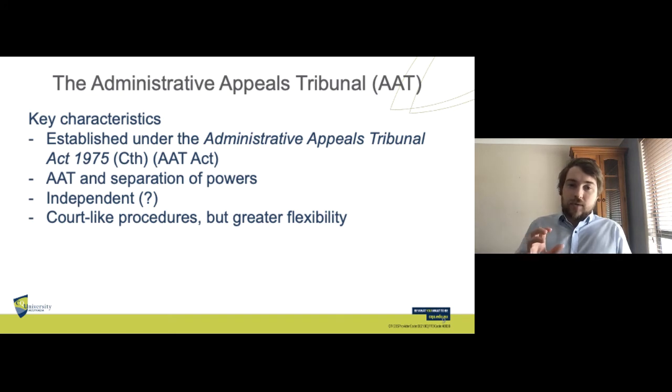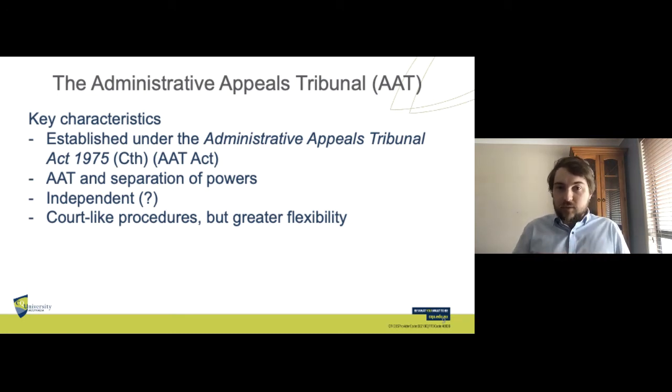So that's quite important because the actual process itself of the AAT is very court-like. It has a lot of the similar sorts of processes. A lot of the members of the AAT are judges, but they're not obviously acting in quite that same judicial capacity.